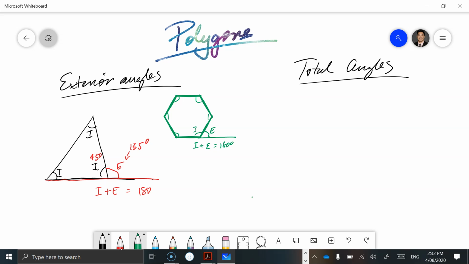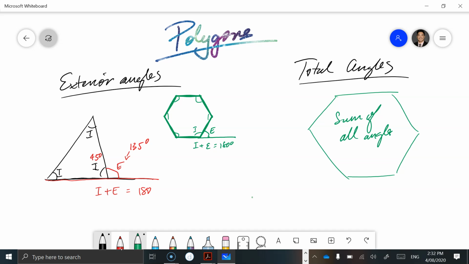Now, if we're dealing with the total sum of all angles, and again, it doesn't really matter what shape you're dealing with, there is a very, very quick and short formula that's going to get you to that answer. So if we're looking at the sum of all angles, you'd want to be looking at this.